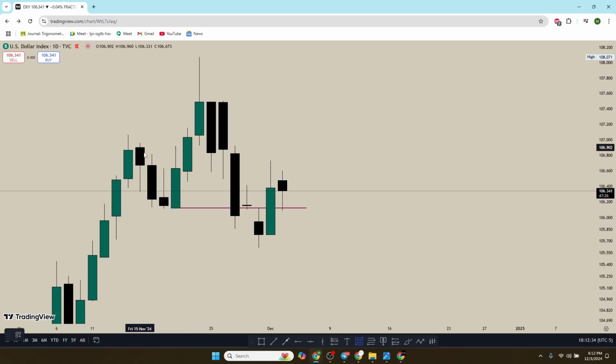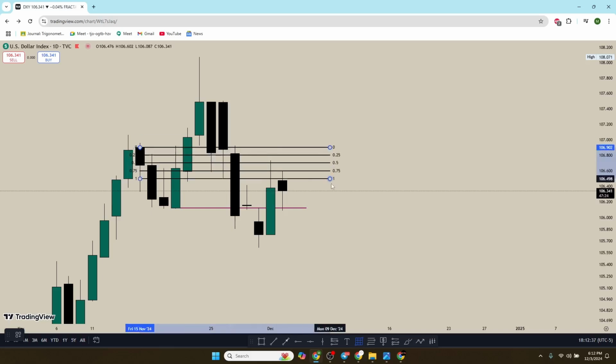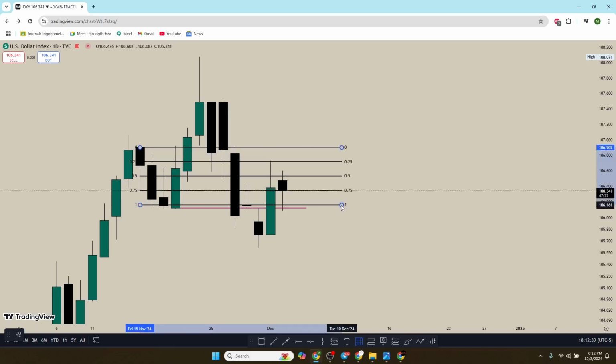So I'm gonna grab this tool and get the 50% of the breaker, right? Which would be here. We're using the bodies, this open to this closing price. This is the breaker.